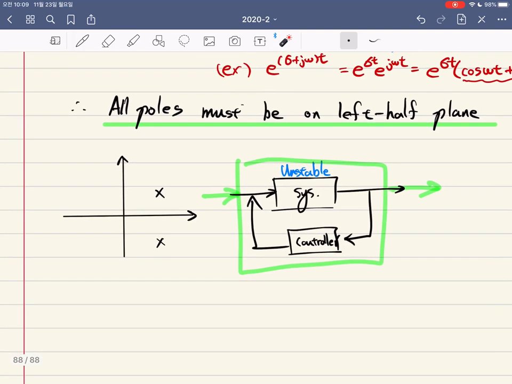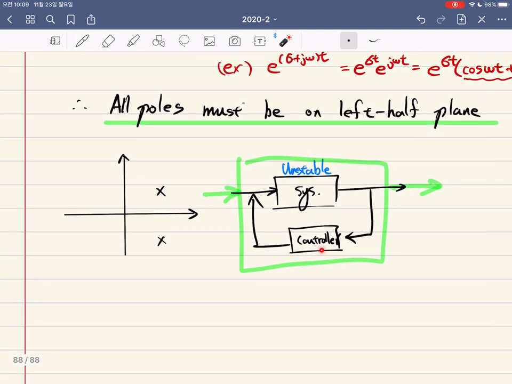And by using this feedback system, you can take these poles to the left hand side. This is what the controllers do.